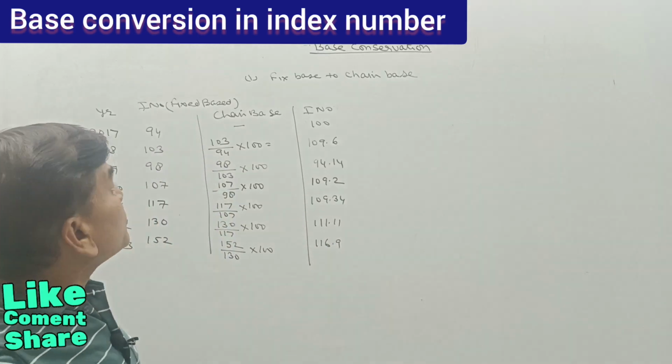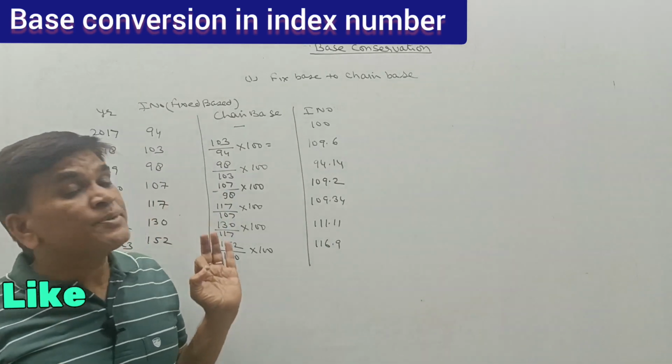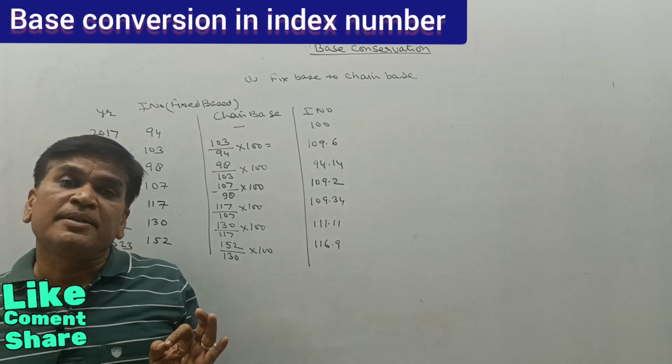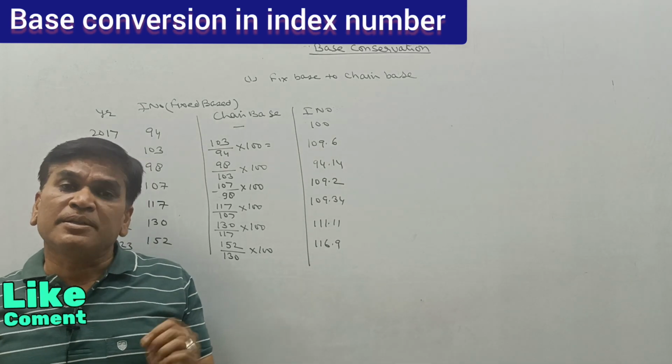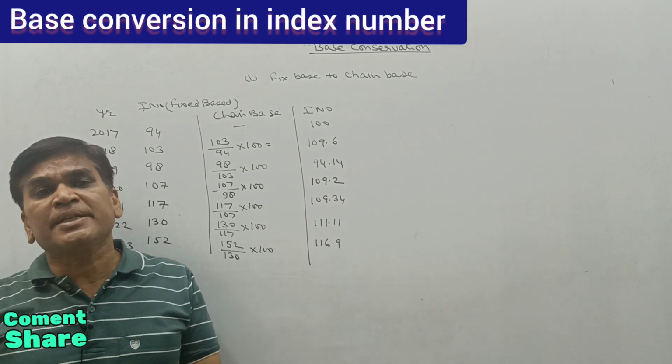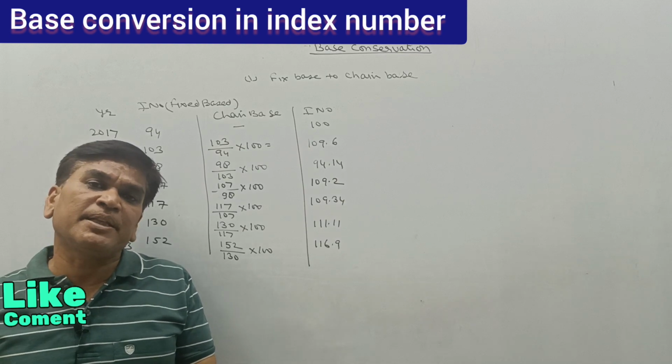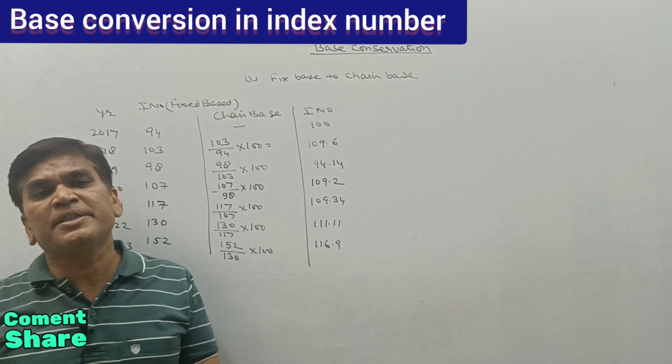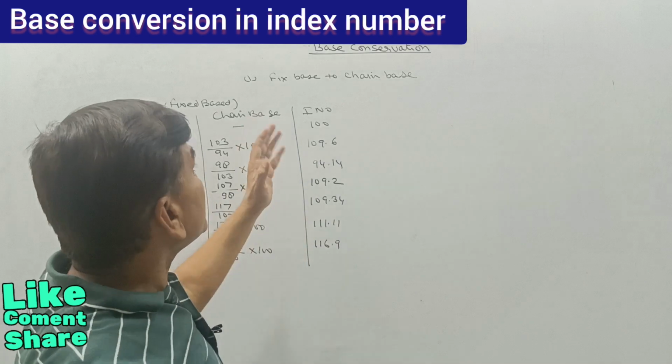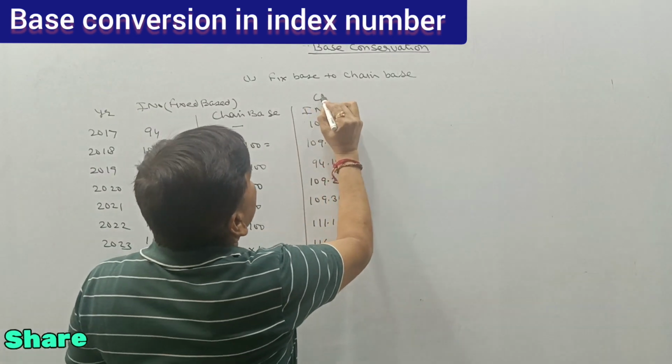So if you are to change from fixed base to chain base, you have to use the formula: the fixed base index number of the current year divided by the fixed base index number of the previous year, multiplied by 100. So very easily you get the chain base index number.